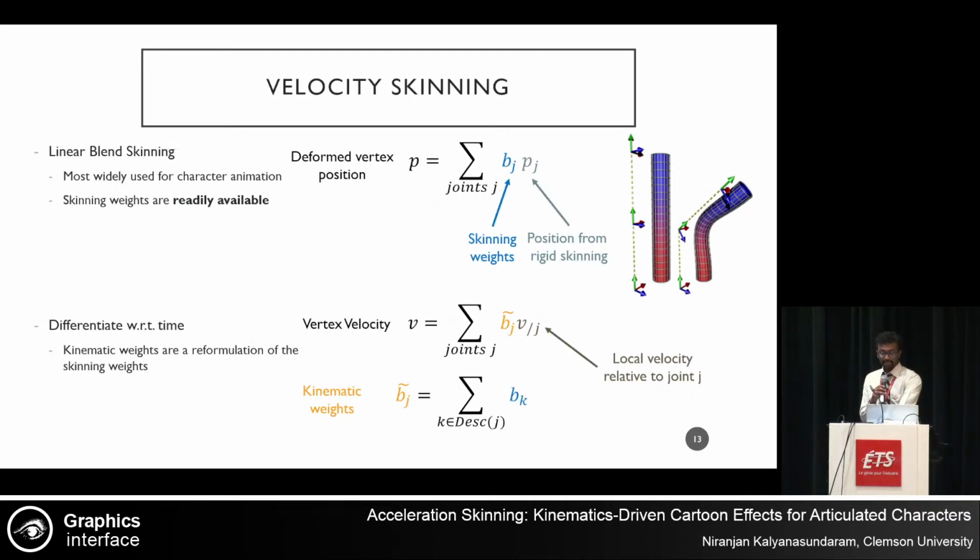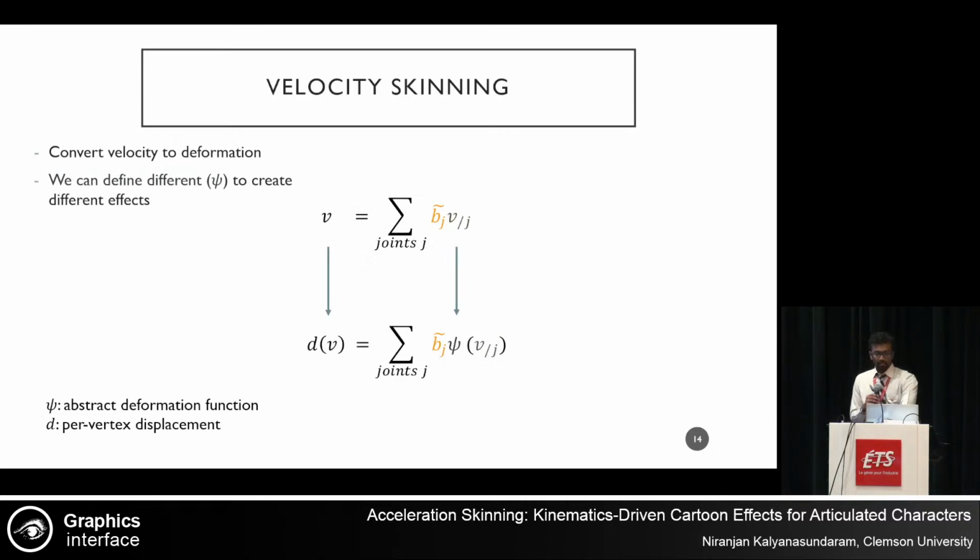At the end of doing all of this, what we're left with is the velocity on a per vertex basis. But we don't want the velocity. What are we trying to do here? We're trying to define a deformer. At some point, you have to define how you change this vertex. Where do I want this vertex to go? So we take the velocity and somehow need to convert it into a deformation function.